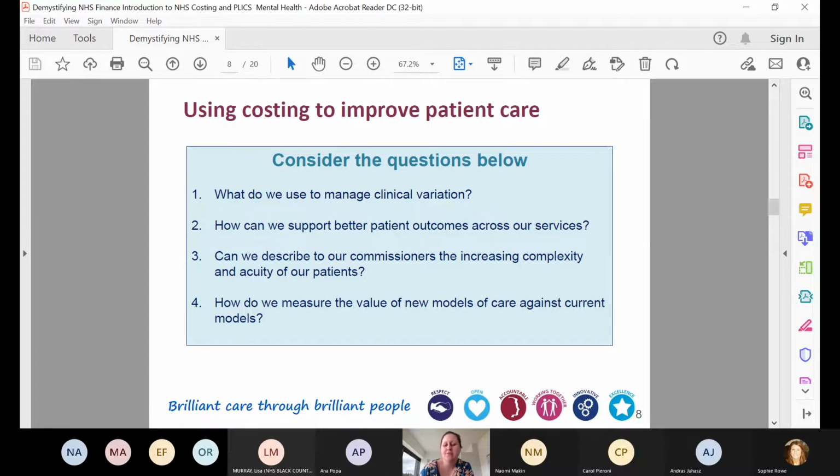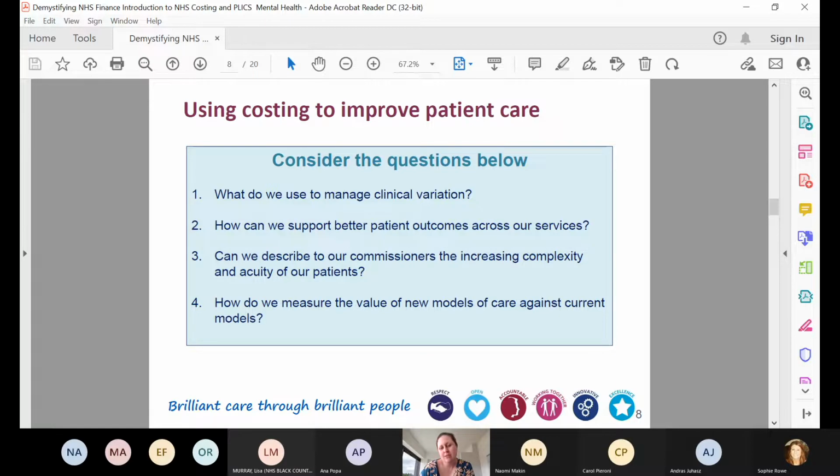If we're thinking about supporting patient outcomes, again using the data that comes through our costing system, we can work with clinicians to model different solutions. I'll come on to talk about the specific area we looked at in KMPT, but essentially, we had some consultants who were concerned that we were spending an inordinate amount of time sending out patient letters, sending out an awful lot of information that wasn't adding value.